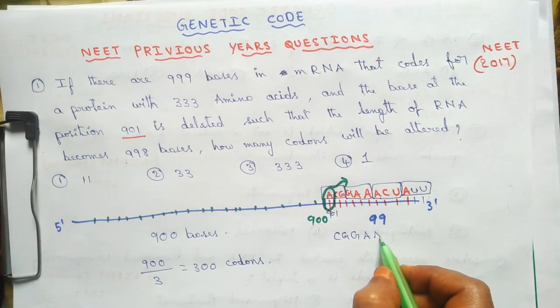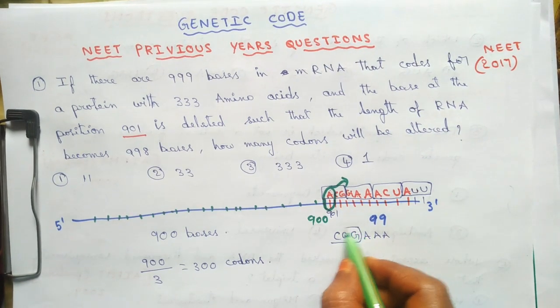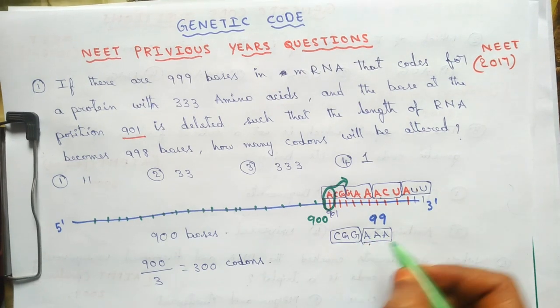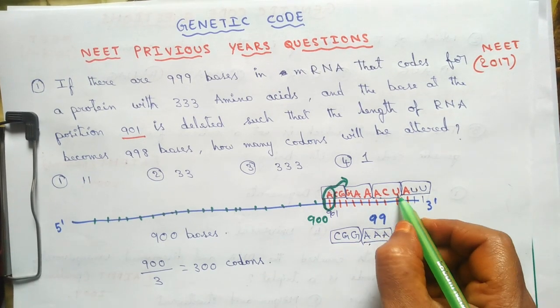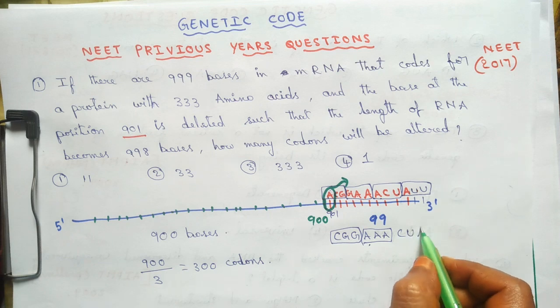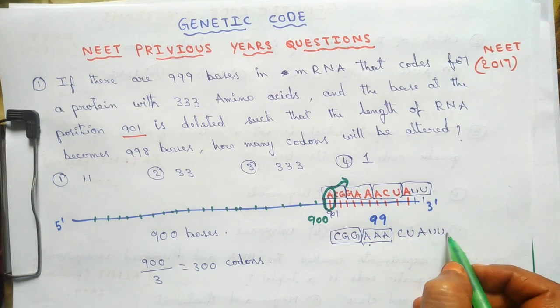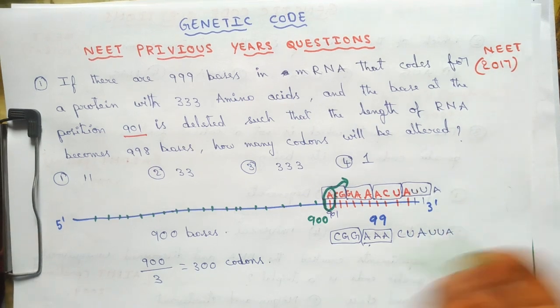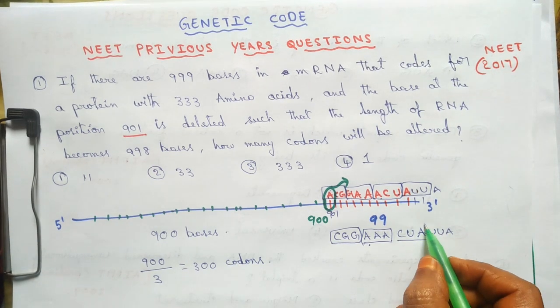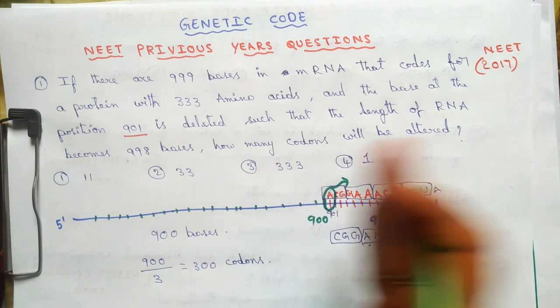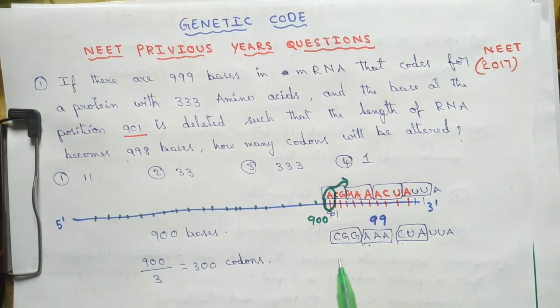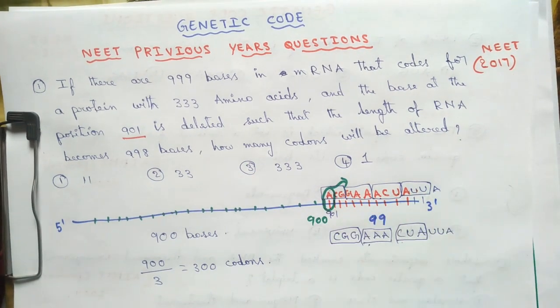Next triplet codon will be AAA. Next triplet codon will be CUA, like this. Next triplet codon will be UUA, like this. All the triplet codons from this 901 position will be altered due to the deletion of the base at 901.